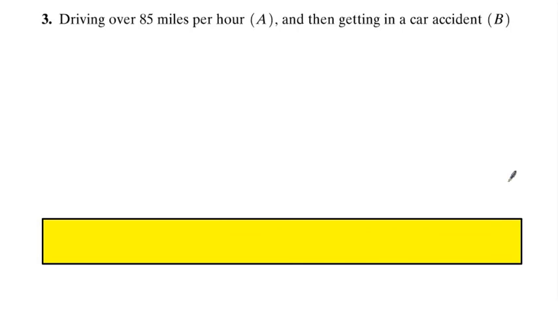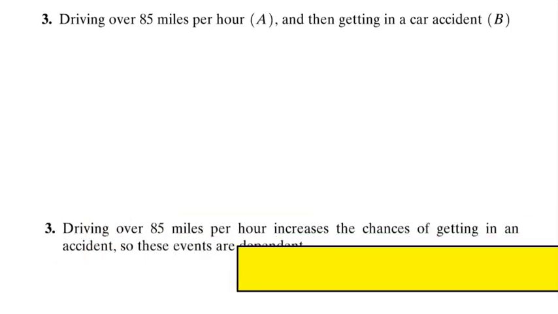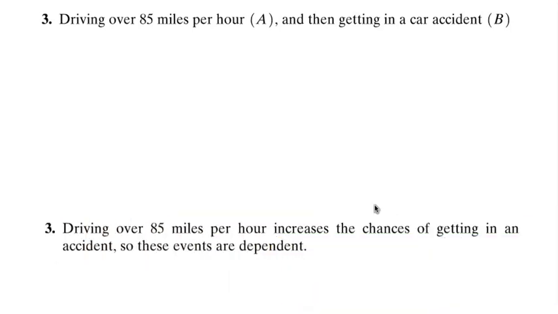Hopefully people listening to this video are safe drivers and would understand it's very rare that the speed limit would be that high. So these events are certainly influencing each other. Driving over 85 is going to increase your likelihood of getting in an accident, so those events would be considered dependent.